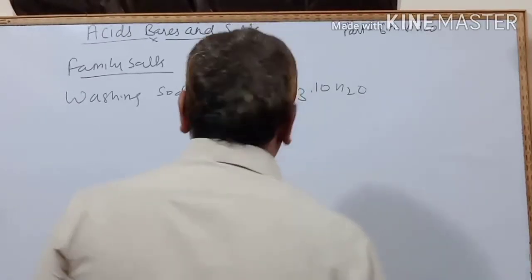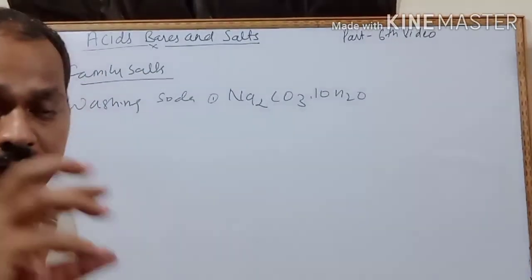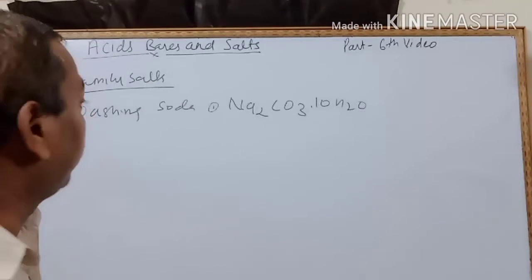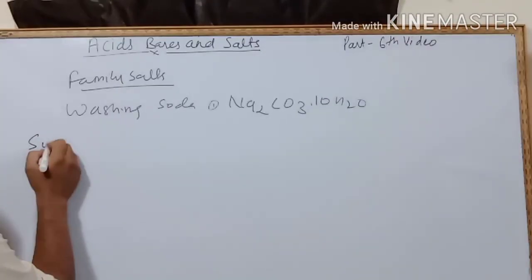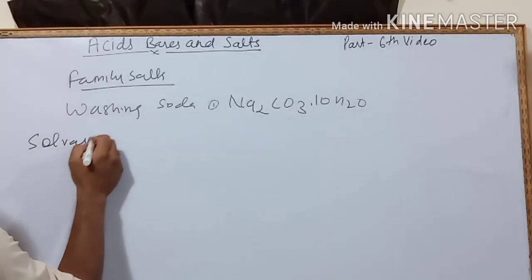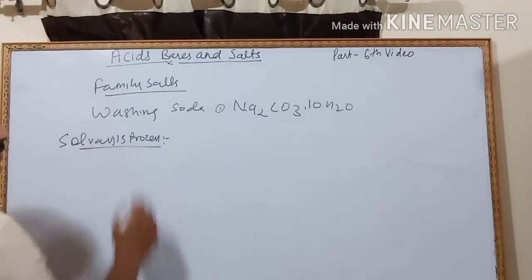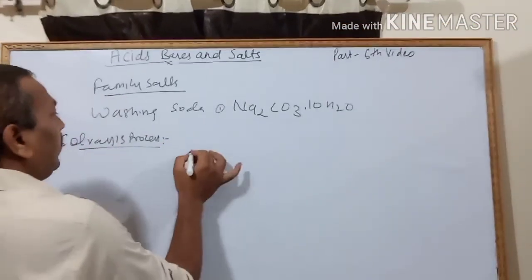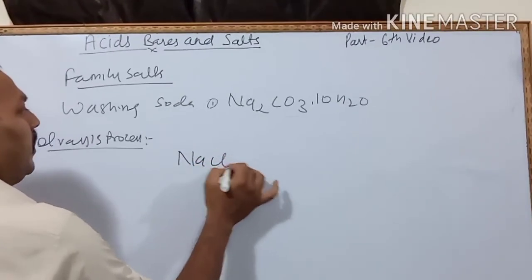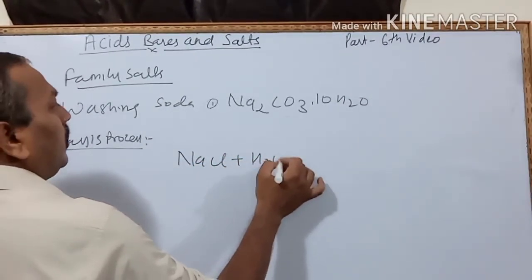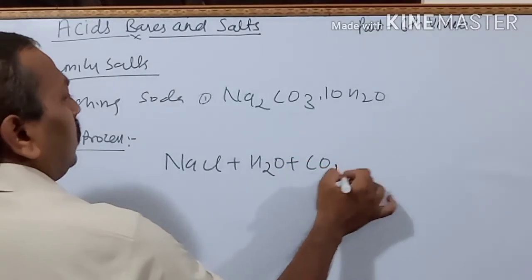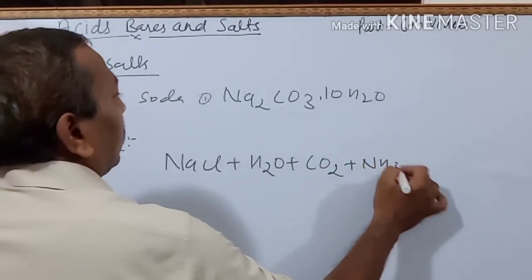How can washing soda be prepared by the Solvay process? Normally it has three steps. We will take sodium chloride plus water, CO2 and ammonia.